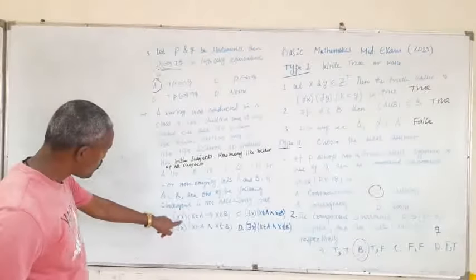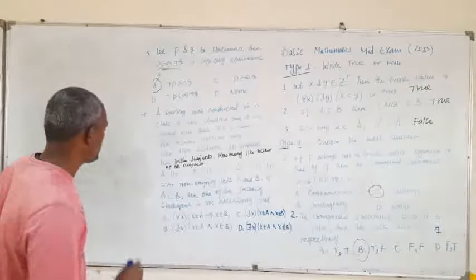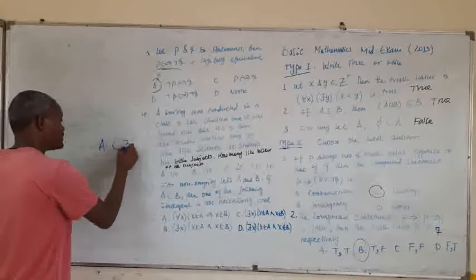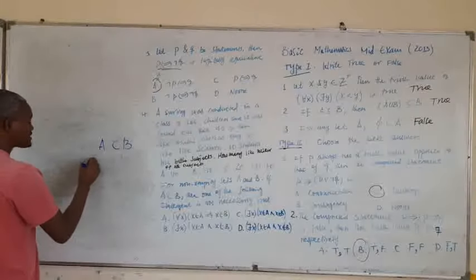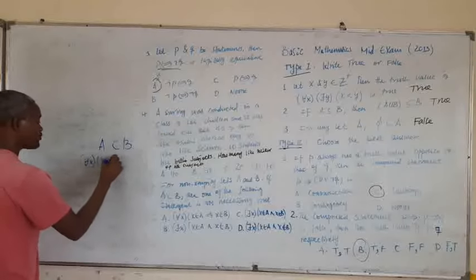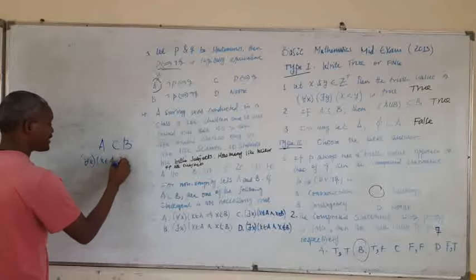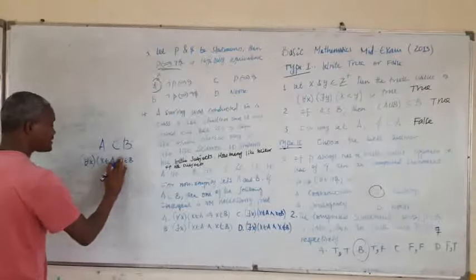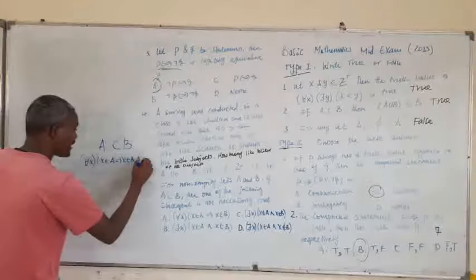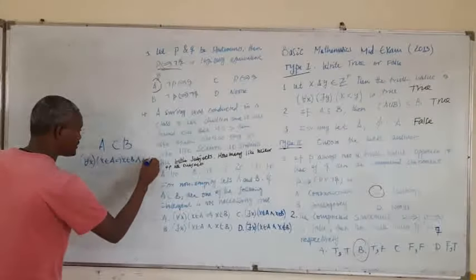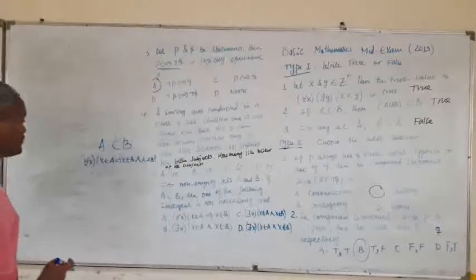The first statement: for all x, x an element of A implies x an element of B, which means A is a subset of B, and A is different from B.